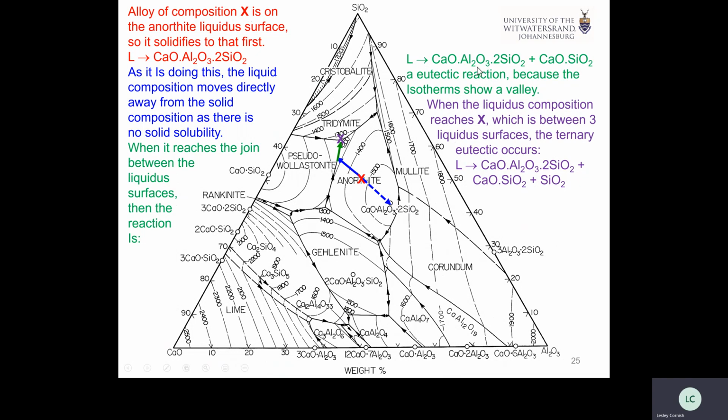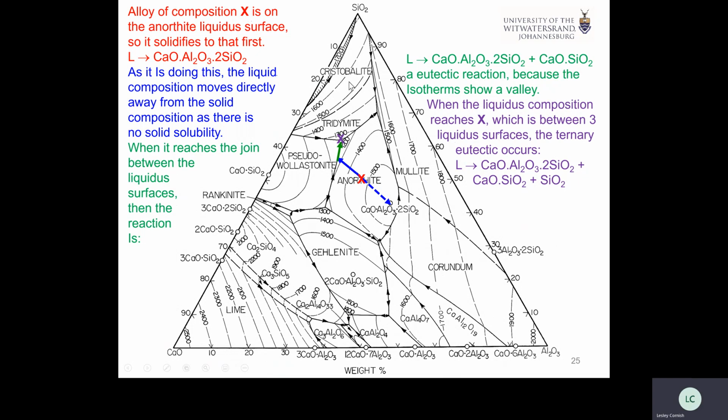There it is. And remember these isotherms are showing a valley. And then it's going to get here, which is an invariant reaction. And there's 3 arrows coming in, one there, and this one, which we've been following. So we're going to get anorthite, pseudo-wollastonite, and tridymite.